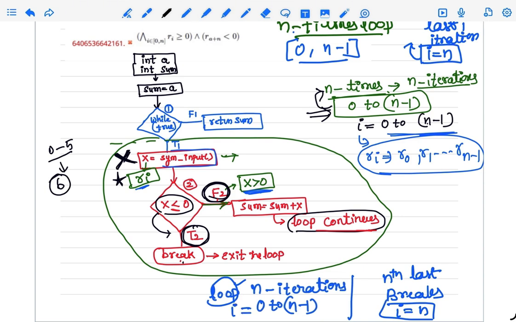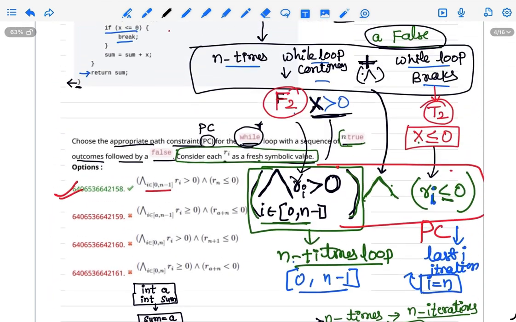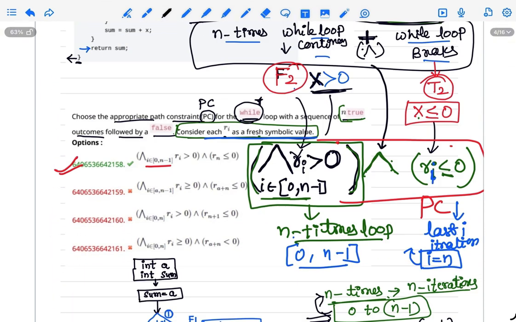So for this the input is x, that is ri. Generally the input is x and x is replaced with the symbolic input. ri is the symbolic input, friends. X is the symbolic input in the program, and replace x with ri in the given question. This last iteration is i equal to n, that is rn less than or equal to 0.